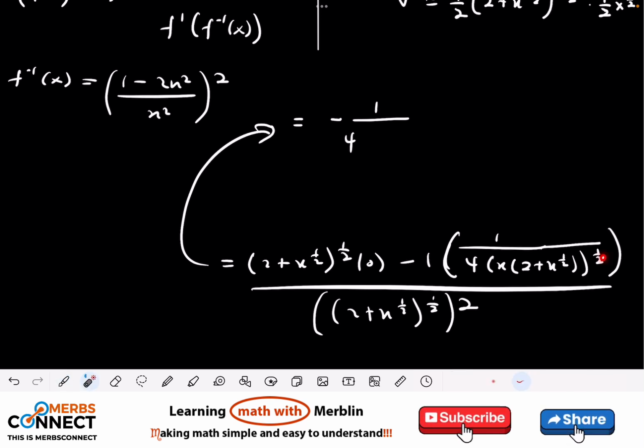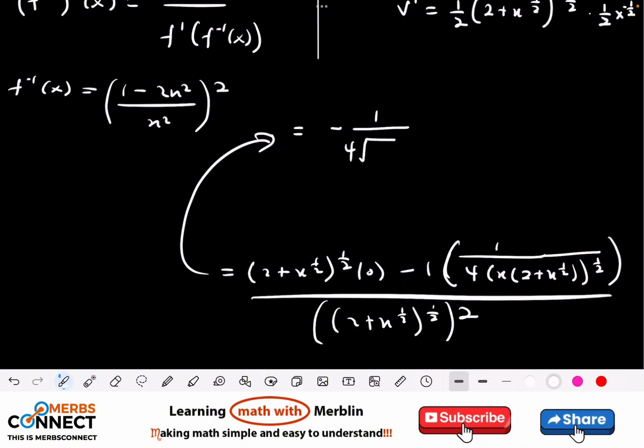Now we can write this half as a root, so we can have it to be root of x plus, and this can also be written as root. So this one's supposed to be 2 root of x. Good. So this is what you are going to have on the top.